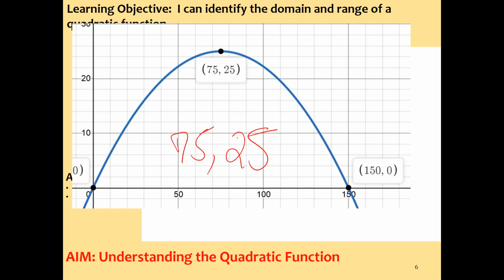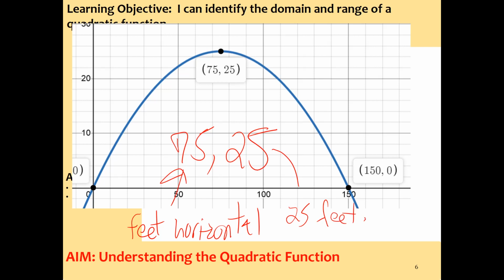And 75 is how many feet it is horizontally, so 75 feet horizontal, and 25 feet in the air. That's the max. So when it's 75 feet across, it's 25 feet high.